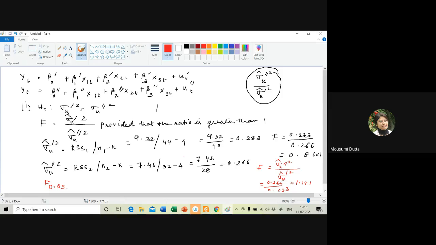And what will be the degrees of freedom here? Degrees of freedom of sigma u hat double square, because that is in the numerator, that is 28.